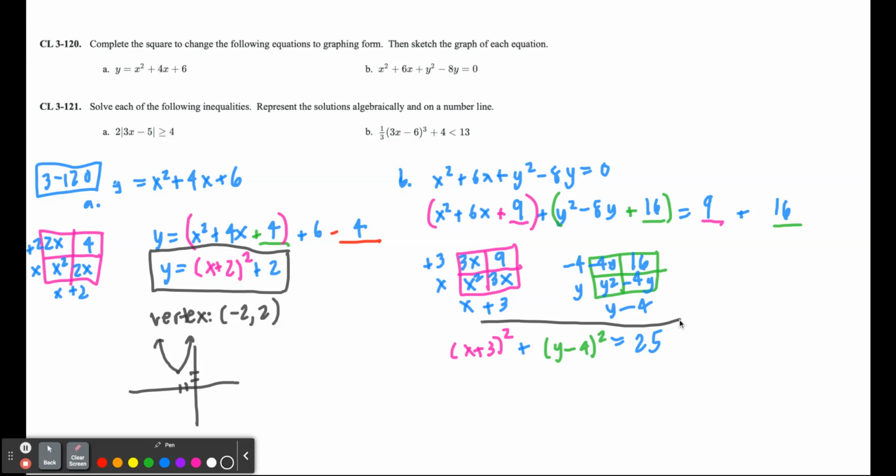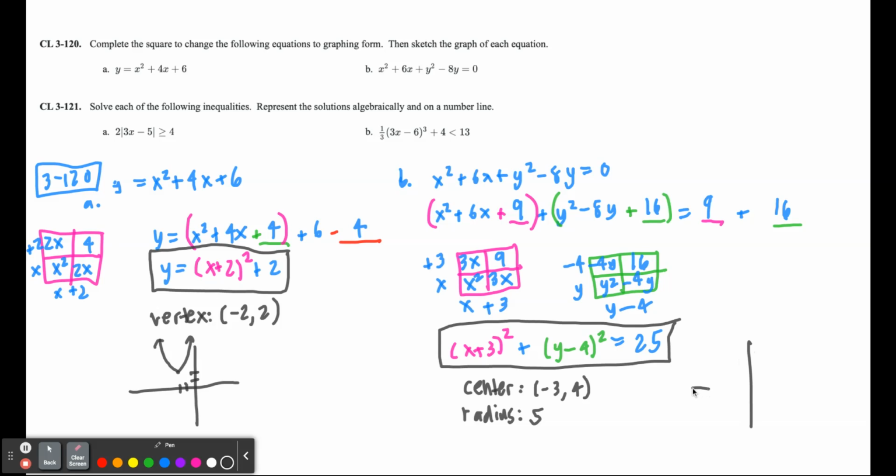And that's graphing form of the circle, where your center is the opposite of this, so negative 3, and the opposite of this, which is 4. And then your radius is the square root of this, which is 5. So then you sketch it.